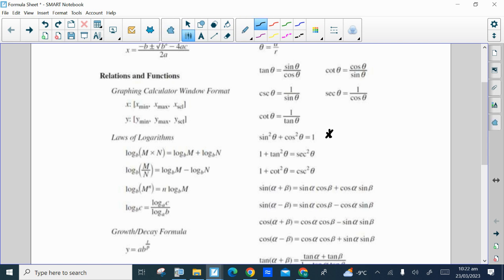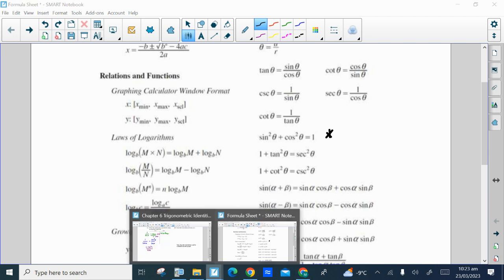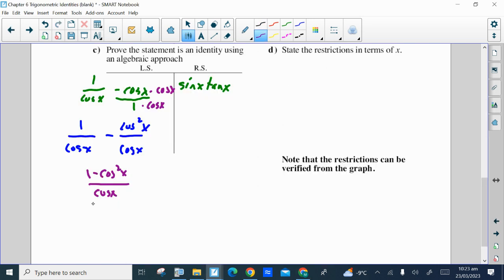You can also subtract the cos squared theta from both sides, saying that sine squared theta equals 1 minus cos squared theta. And that's what we're going to use here. The fact that 1 minus cos squared theta is sine squared, in this case it's x, over cosine x.